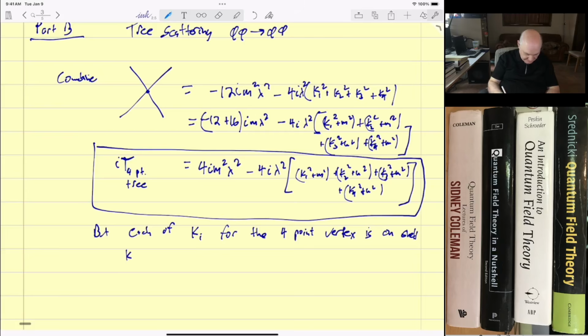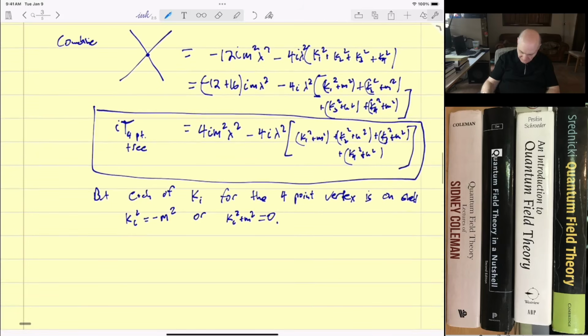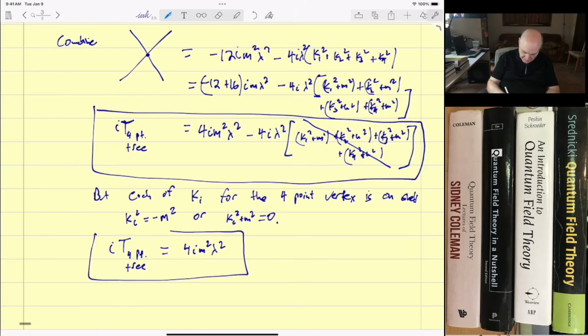Remember, that means that ki squared equals minus m squared, or ki squared plus m squared equals 0. So all of this is 0 basically. So now the scattering 4-point tree is just equal to 4i m squared lambda squared. That was the simplification that I had missed years ago.